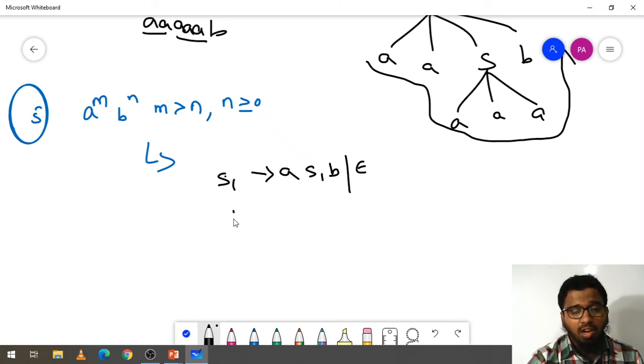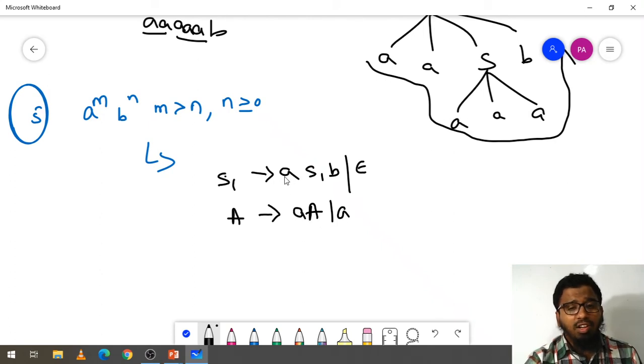So for that I am taking the small a and the capital A, and you can terminate with a. Whatever the a's and b's, in place of that you can add one more a. So definitely a's will be more than b's. So for these two we need to concatenate.